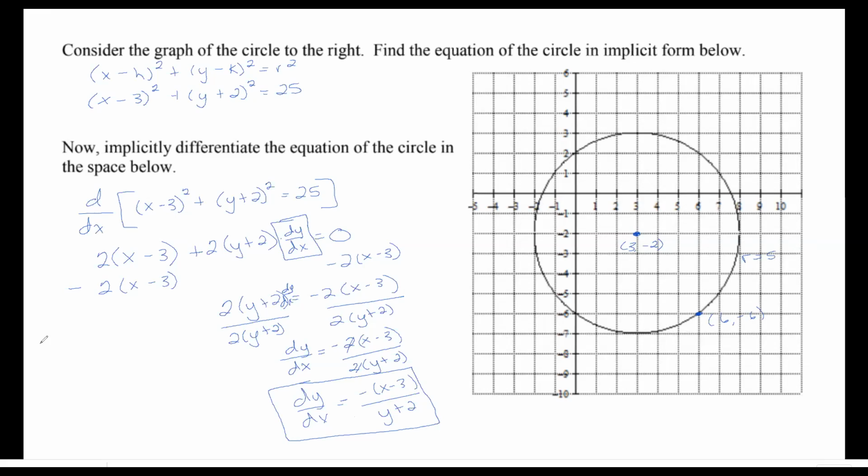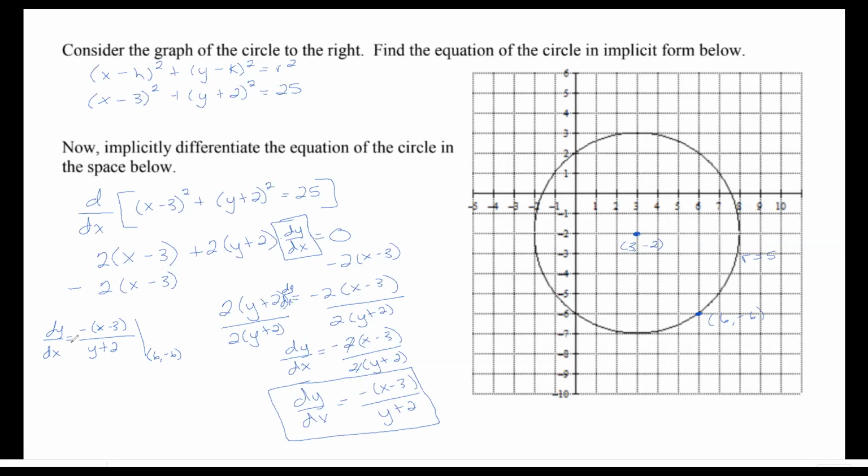All I would have to do here is say, all right, I'm finding dy dx, which is equal to negative x subtract 3 over y plus 2, and I'm evaluating it at the point 6, negative 6. So notice now that we have this implicit differentiation, this derivative depends on both x and y.